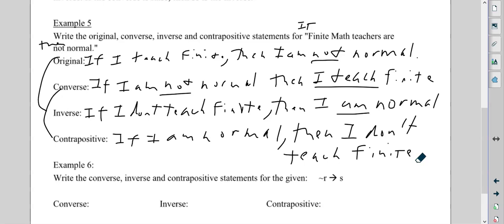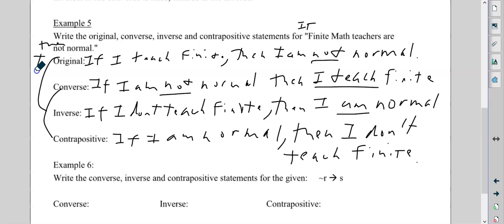And again, this is one of those ones where you could kind of, based on whether you think the first statement is true or false, get different answers. Okay? But let's say we go through and assume the first one is true. If I teach finite, then I'm not normal, which in my case is true.